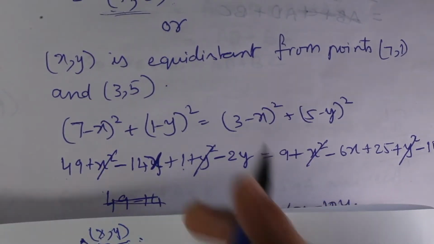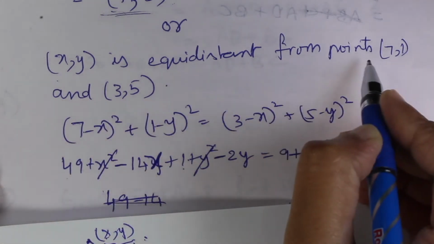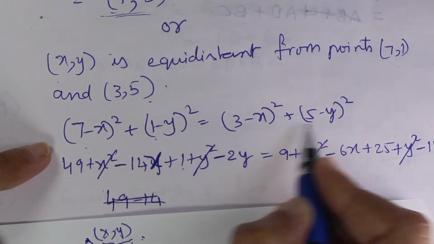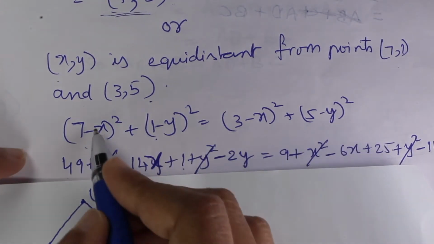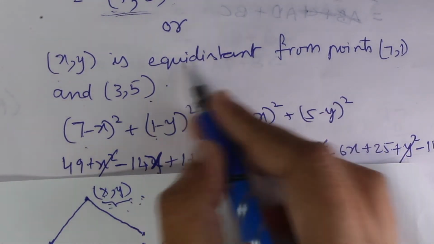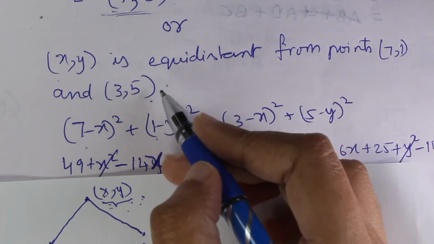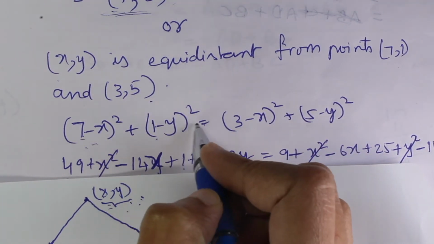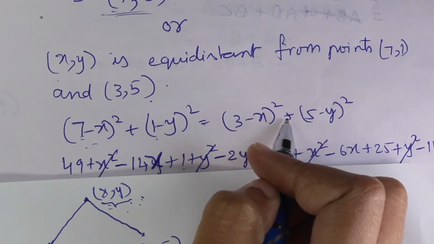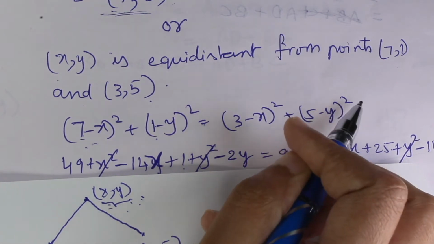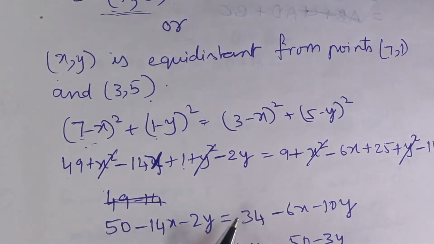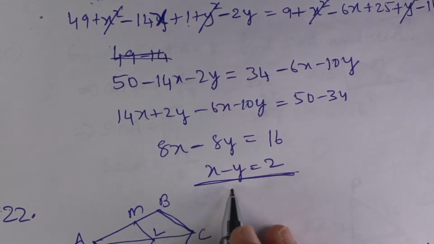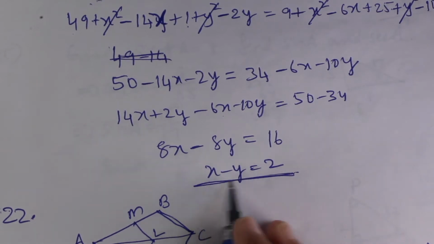So the distances from x, y to 7, 1 and 3, 5 become equal. So I have made the distances equal: 7 minus x whole square plus 1 minus y whole square is equal to 3 minus x whole square plus 5 minus y whole square. And I have solved this equation and I got the relationship as x minus y is equal to 2. That is the answer for this problem.